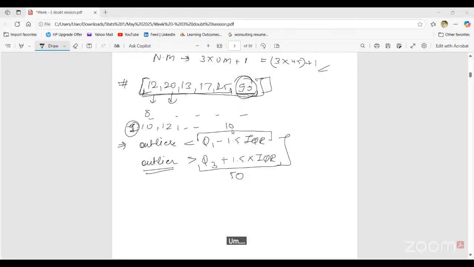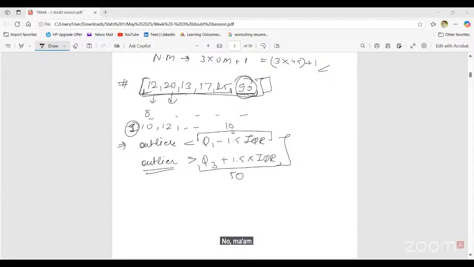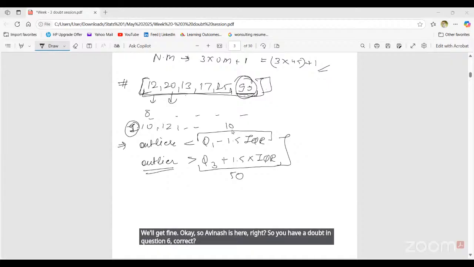We will go one by one. I'm just asking about activity 3.3. Is there any doubt? No, ma'am. Okay, fine. Avinash is here, right? You have a doubt in question 6, correct?